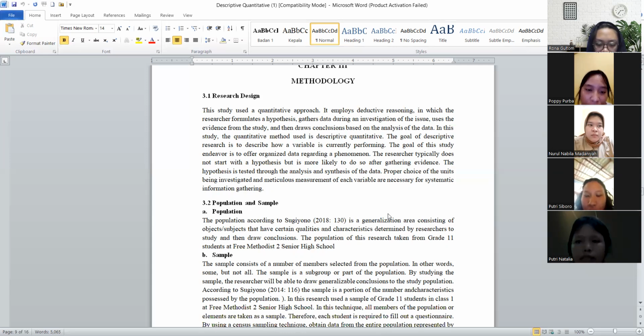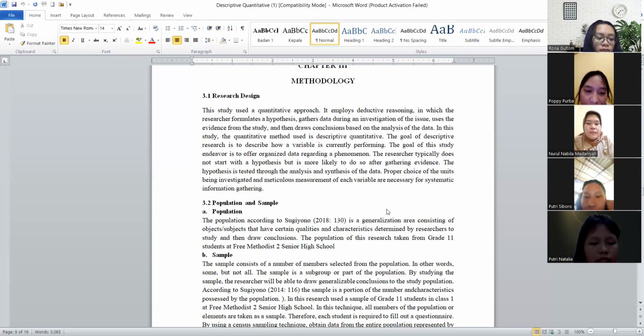The hypothesis is tested through the analysis and synthesis of the data. All right, and here we have population and sample. The population, according to Sugiyono, is a generalization area consisting of objects or subjects that have certain qualities and characteristics determined by the researcher to study and then draw conclusions. Here, our population in this research is taken from 11th grade students at Free Methodist 2 Senior High School.